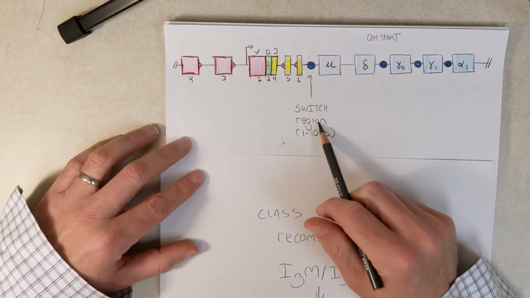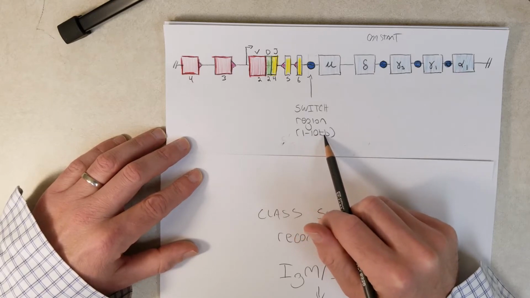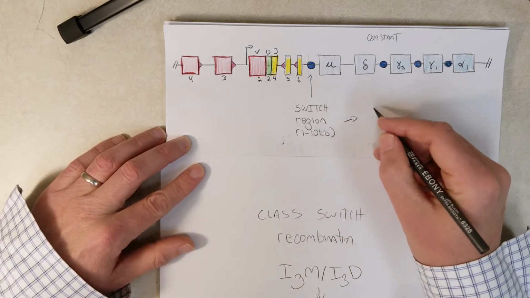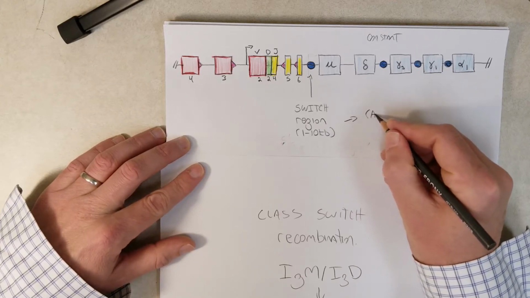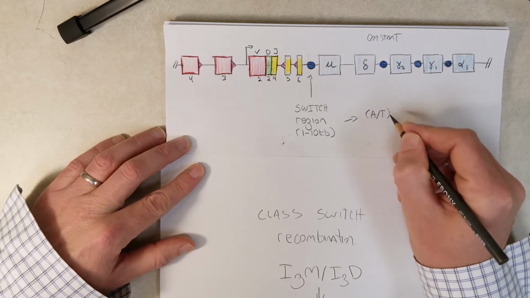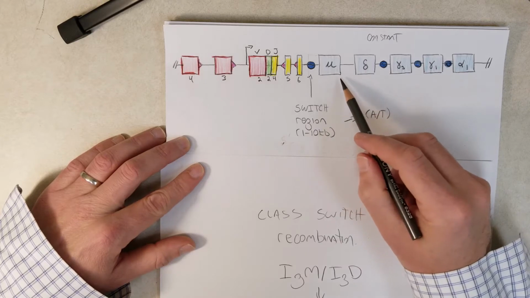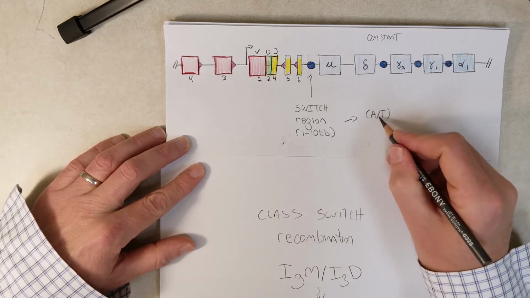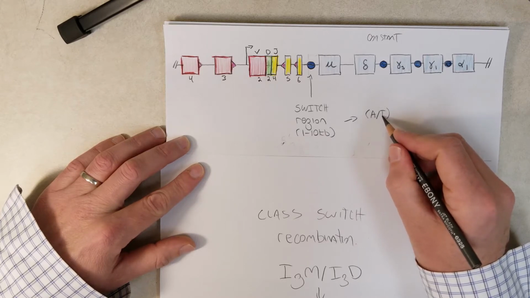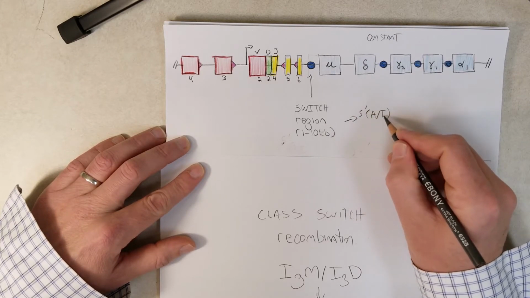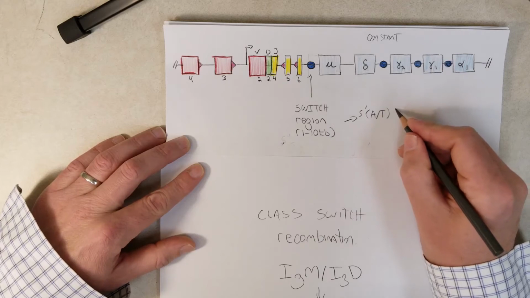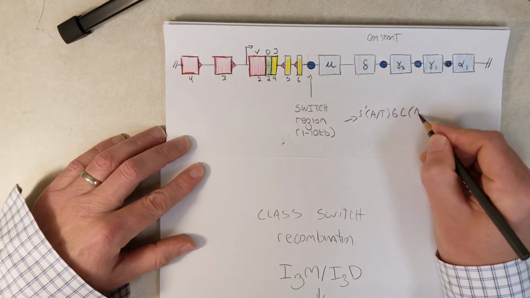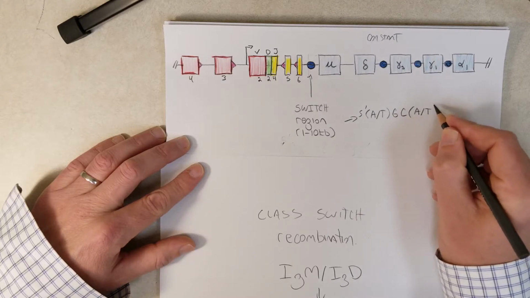So the switch regions are about 1 to 10 kb long, and they have lots of intervals that have lots of this sequence. Let's see, this would be the 5' end, A or T, followed by a G, followed by a C, and then followed by another A or T. Did I say A or T?